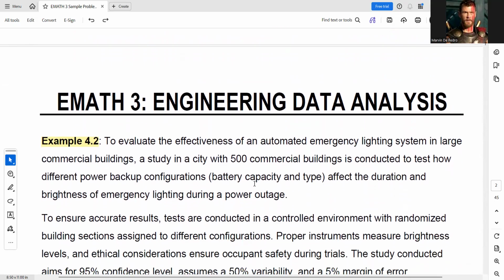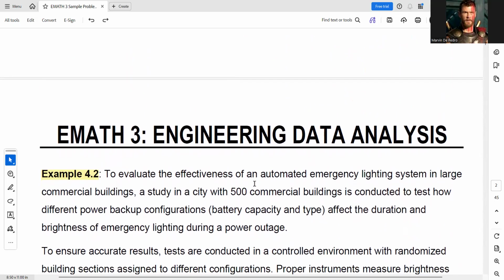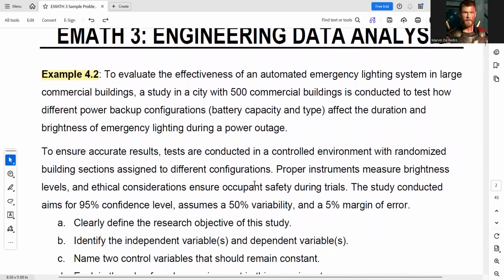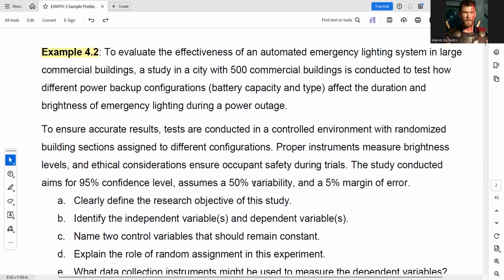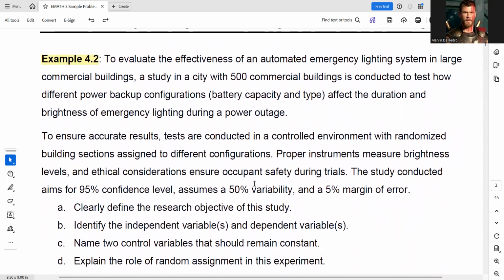Second one, you have to evaluate the effectiveness. All right, let's have this until here. All right. So, to evaluate the effectiveness of an automated lighting system in large commercial buildings, a study in a city with 500 commercial buildings is conducted to test how different power backup configurations, such as the battery capacity and type, affect the duration and brightness of emergency lighting during a power outage.